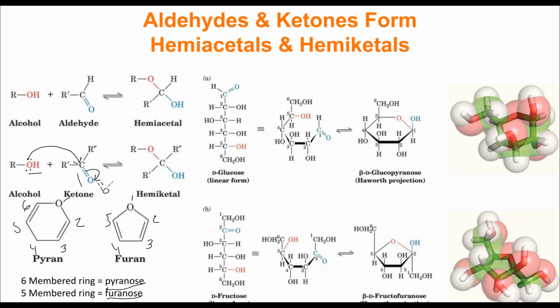And then this oxygen will take a hydrogen from water, and you get what's called a hemiketal, right? So this is the reaction that happens inside the body to make a linear sugar cyclic. For us, our alcohol is always going to be the last chiral carbon, and it's going to attack the only C double bond O inside the sugar.